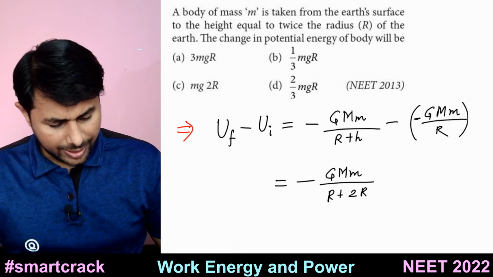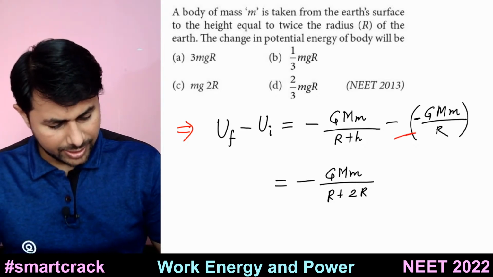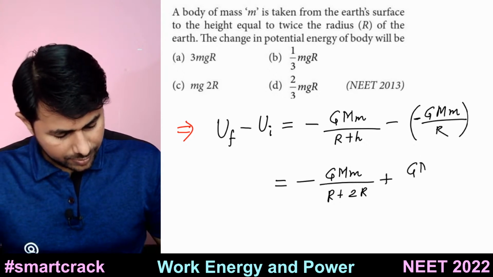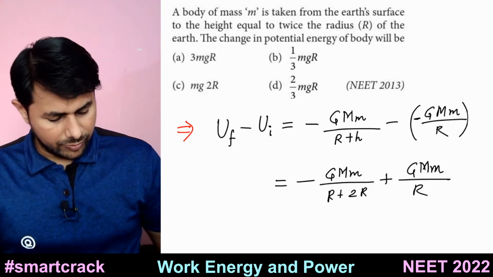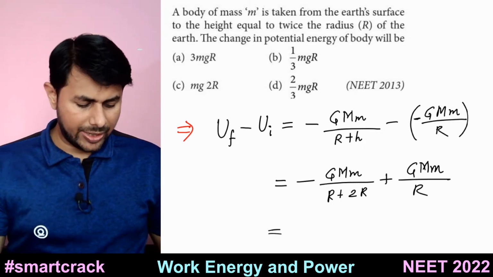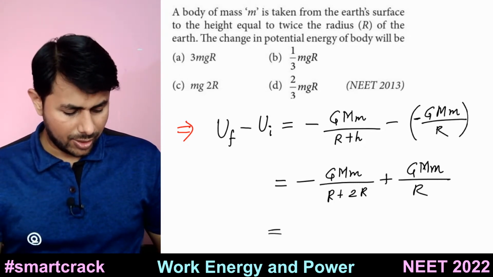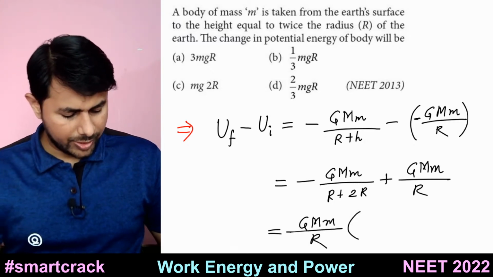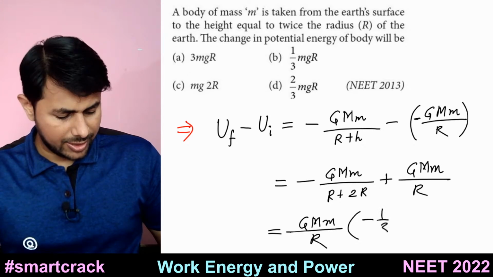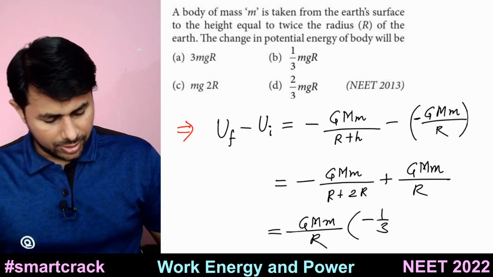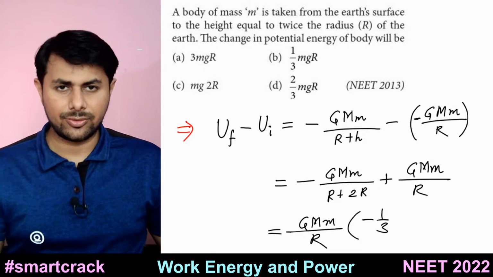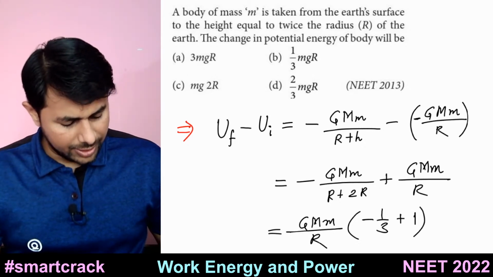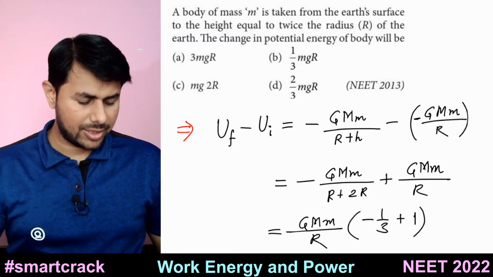So this minus minus becomes plus, and we can take Gmm over r common. From the first term we have minus 1 by 3, because in the denominator we have r plus 2r, which is 3r, and we have taken r common. And from the second term we have 1, so minus 1 by 3 plus 1.